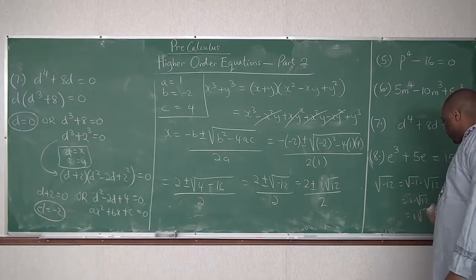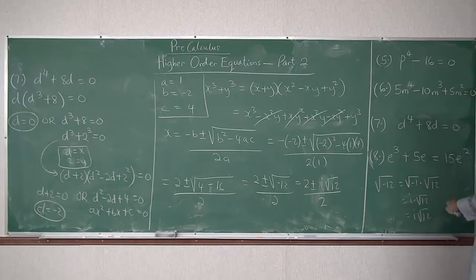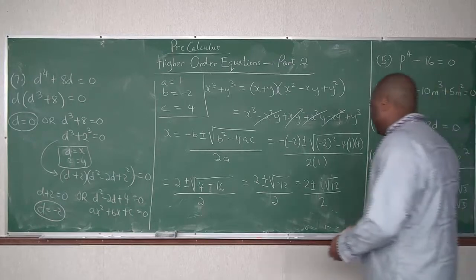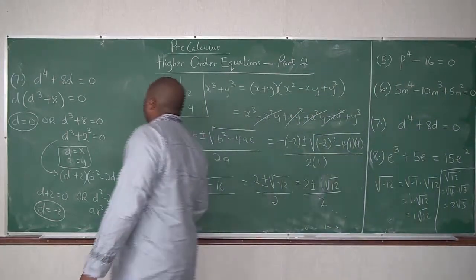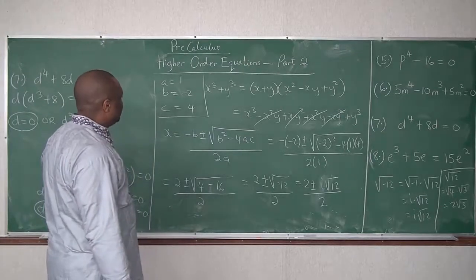But we have to simplify the square root of 12. The square root of 12 is the square root of 4 times the square root of 3, which is 2 square root of 3. So let's finish this.